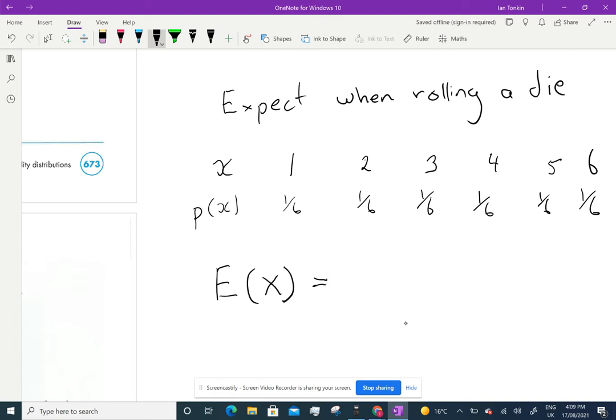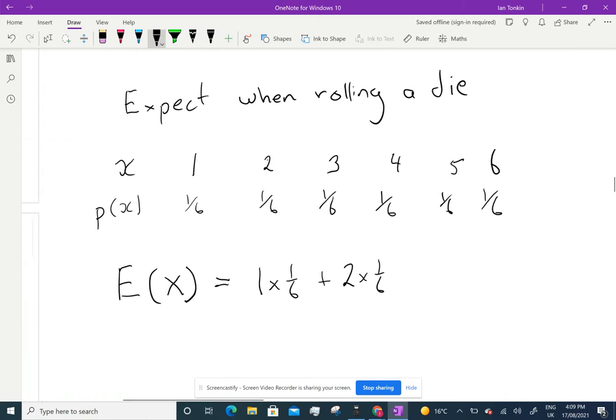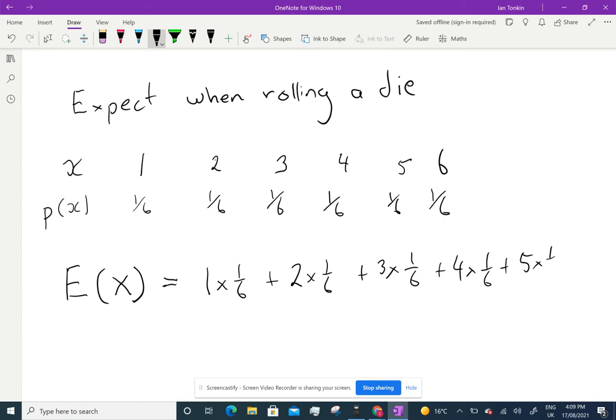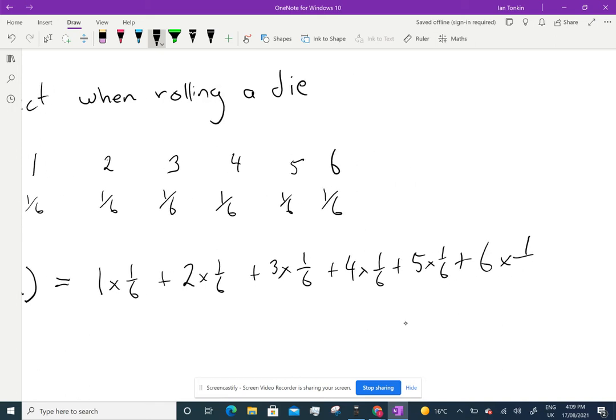Well, I take the scores, 1 times the probability, 1 on 6, and I add each of them up, 2 times 1 on 6, 3 times 1 on 6, 4 times 1 on 6 plus 5 times 1 on 6, plus 6 times 1 on 6.